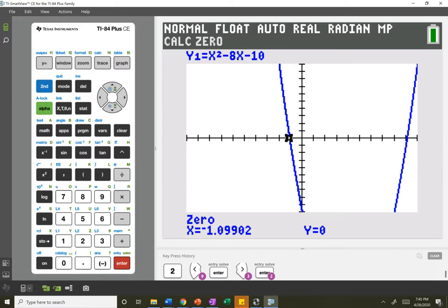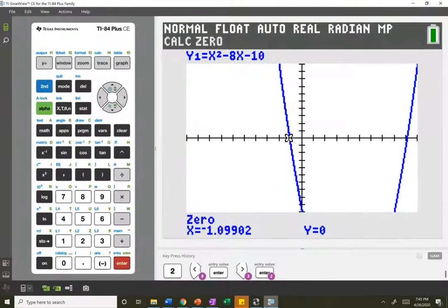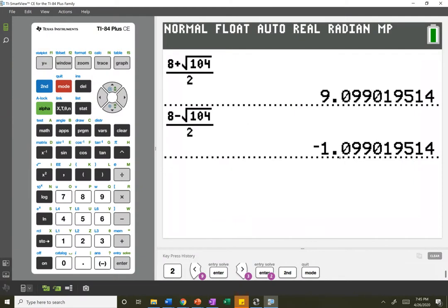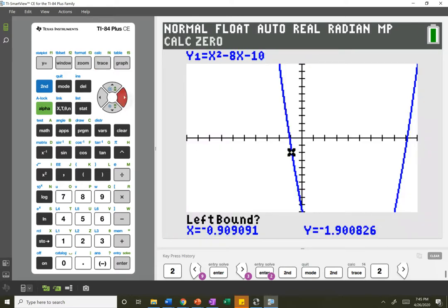Negative 1.099, which is what we had on the home screen. So I'll do it again. Second trace. I want to calculate the zeros, so I hit choice 2. And there's Mr. Blinky, and now I want to go to the other one. We have to be on the left and then the right.